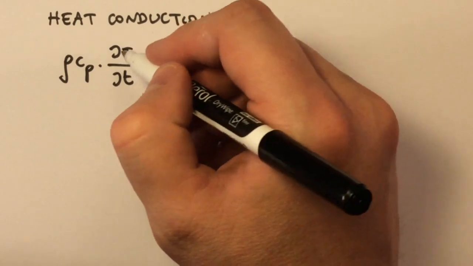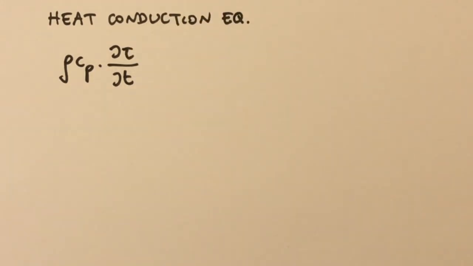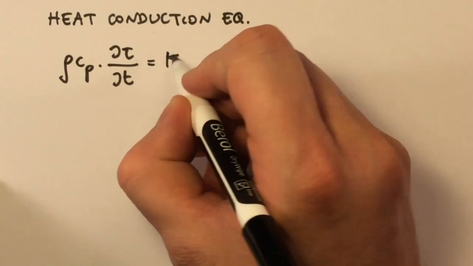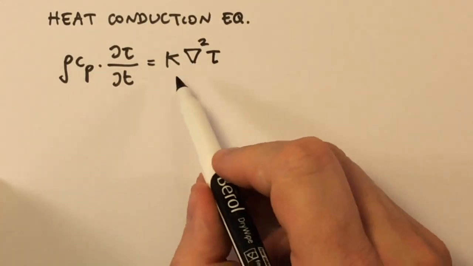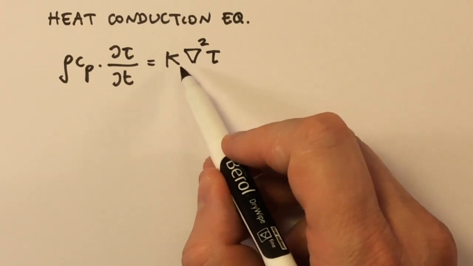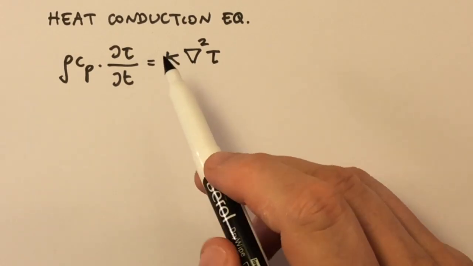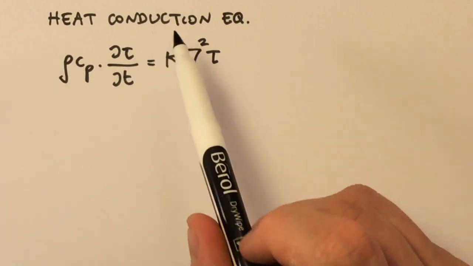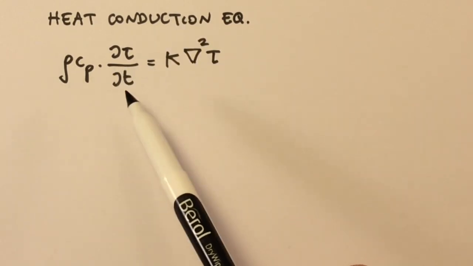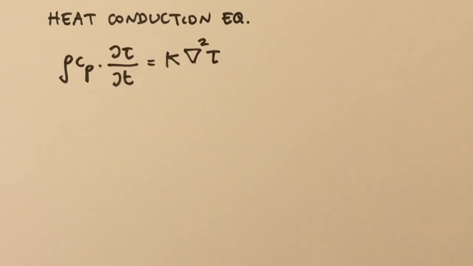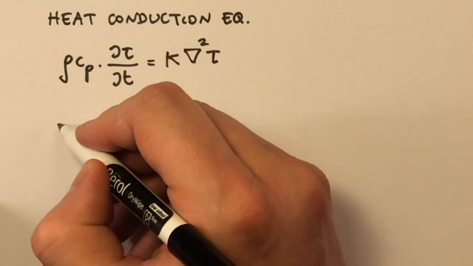So this is per unit volume the change in internal energy of the solid equal K, and then Laplacian of tau. And of course this is the conduction term. So for each point in space we have a balance between the change in internal energy at that point and heat conduction. So we can expand this.